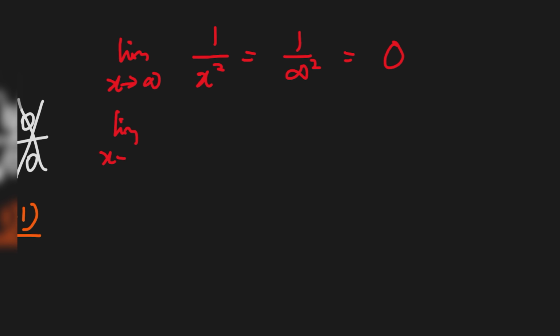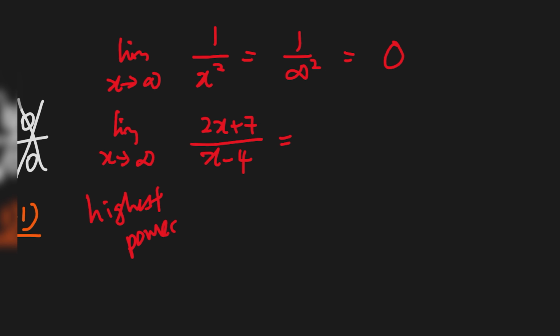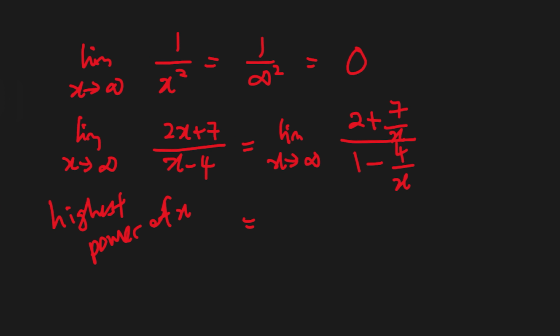Again, let's look at another example here. Okay, so when you have 2x, or when you have x both at the numerator and the denominator, you have to pick the x with the highest power. In this case it's just x.